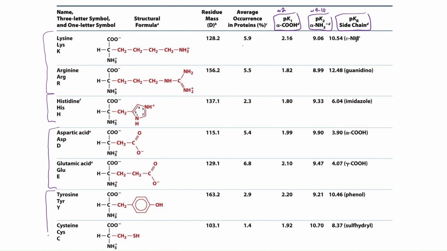And finally, down at the bottom, we have our polar side chains. They are not charged. They're not considered acids or bases. We can still just call them polar, but they do have ionizable side chains. So for tyrosine, it would be this hydrogen, and on cysteine, it would be the hydrogen in the sulfhydryl group.